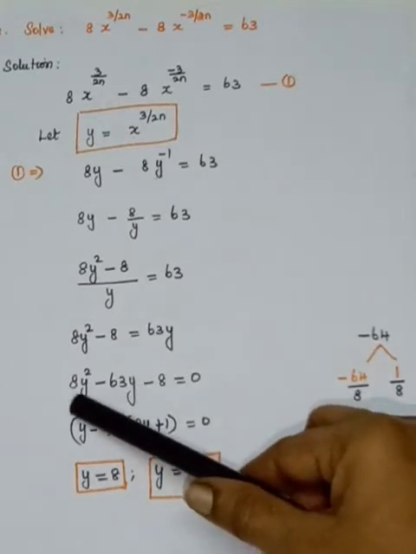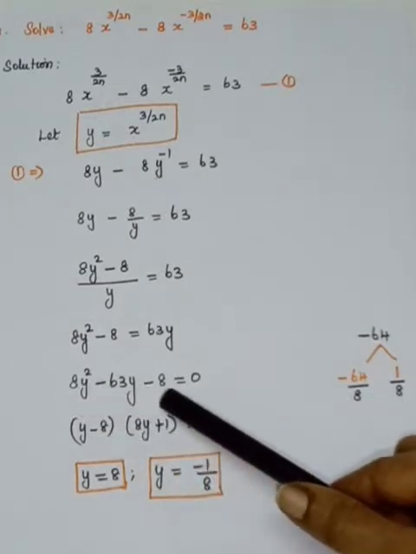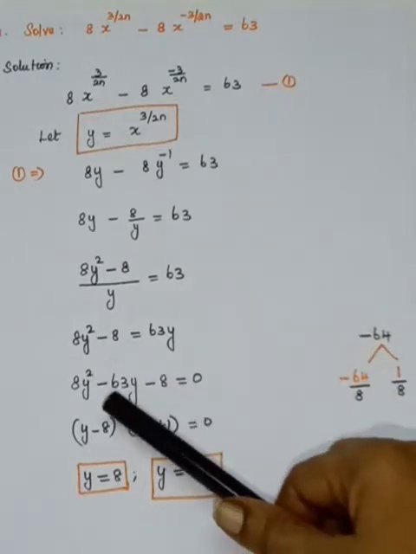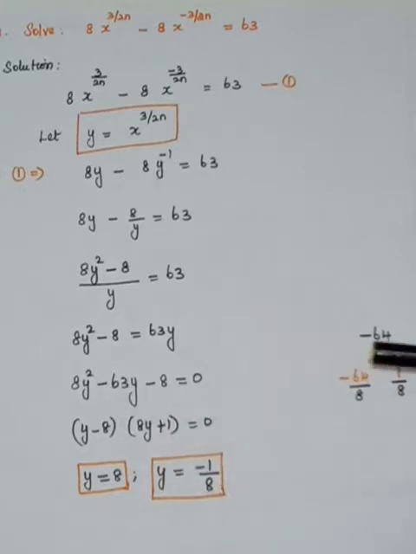So see now, you multiply this 8 and here minus 8. So 8 times 8 is 64, so here minus 64. The product of the two terms is minus 64, and the addition, what you have to get? Minus 63. So what are the two terms we can take? Minus 64 plus 1. If you multiply, your answer is minus 64. If you add, you will get minus 63.